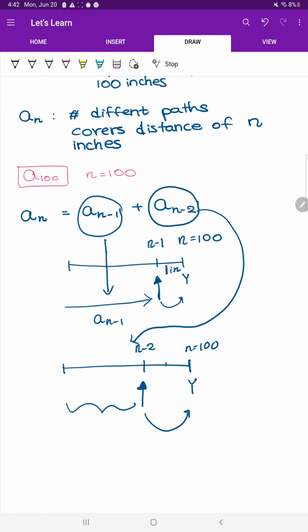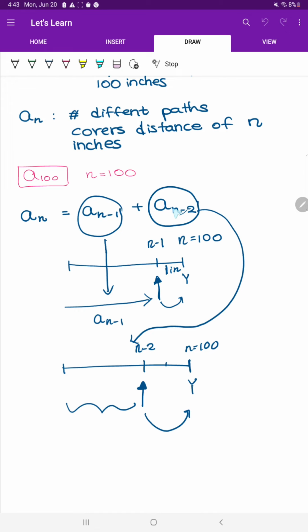Hence the total number of ways the flea can cover the distance of n inches, jumping either 1 inch or 2 inches at a time, is the sum of the number of ways the flea can cover the distance of n minus 1 inches and the number of ways it can cover the distance of n minus 2 inches.